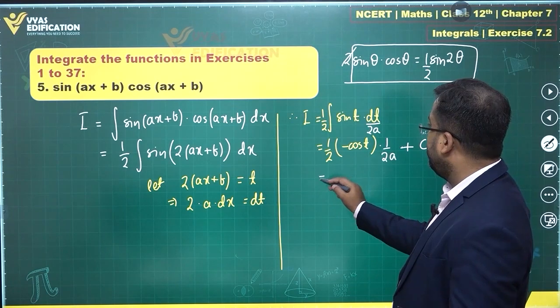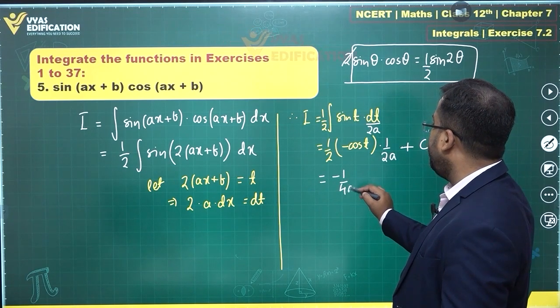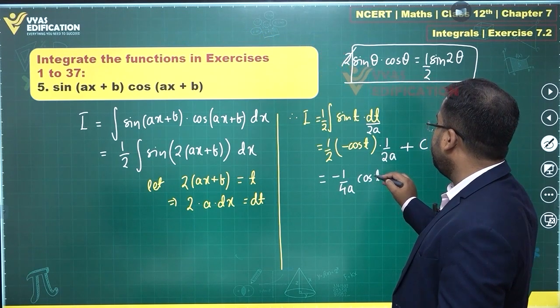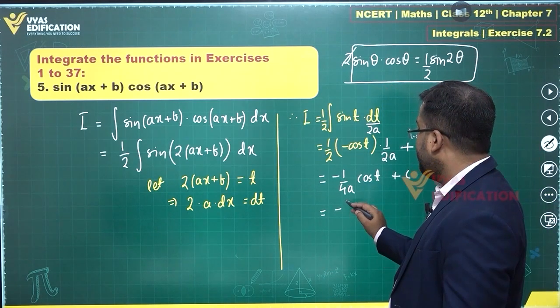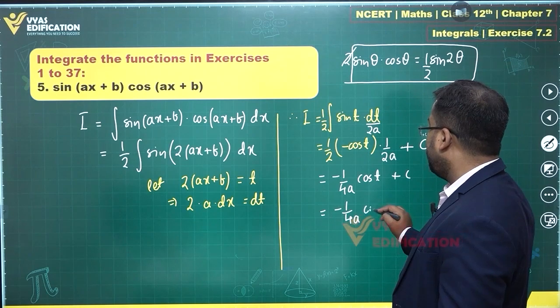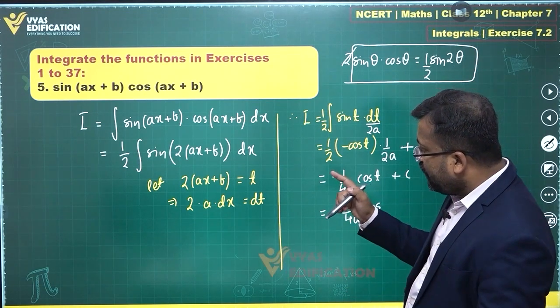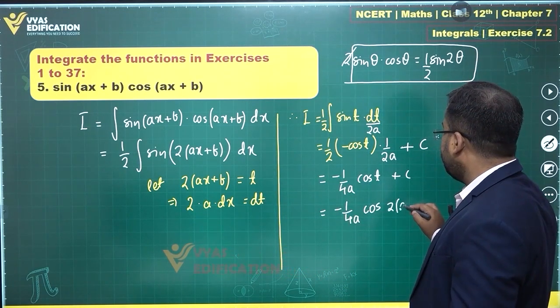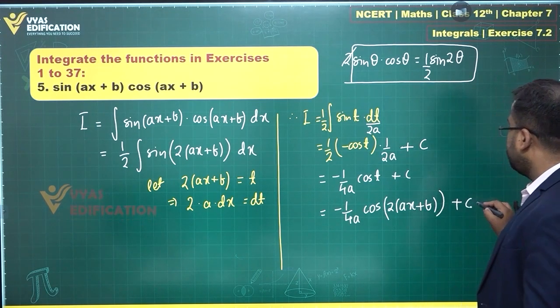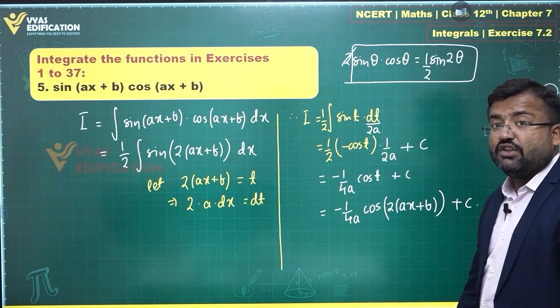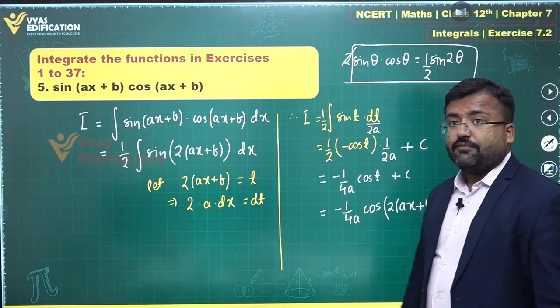This becomes minus 1 upon 4a cos t plus constant of integration. Minus 1 upon 4a is okay, cos of t is equal to what? That 2 times ax plus b, plus constant of integration. That is the required answer for this particular question.